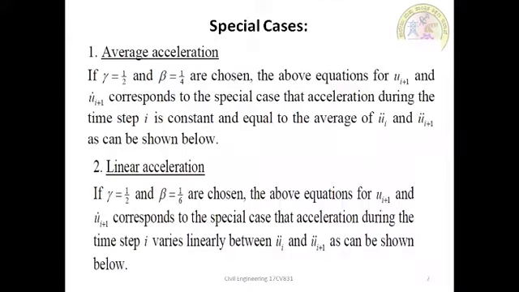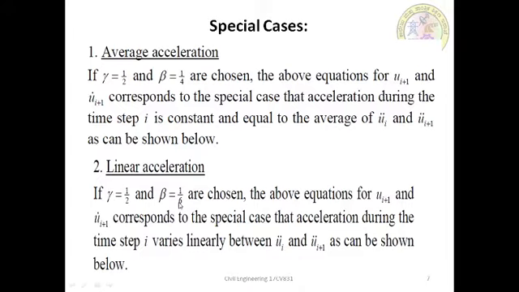Now as far as the special cases are concerned, the first one is the average acceleration, another one is the linear acceleration. We are talking about the linear acceleration only. In average acceleration, gamma will be half and beta will be 1/4, whereas in linear acceleration beta is 1/6 and gamma is half, which means only beta is going to vary.